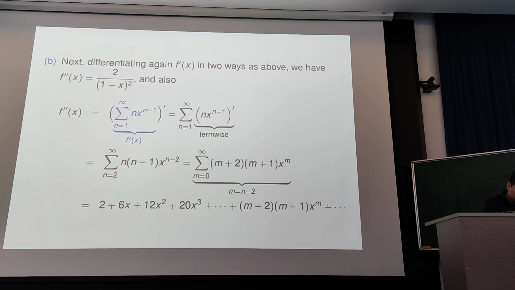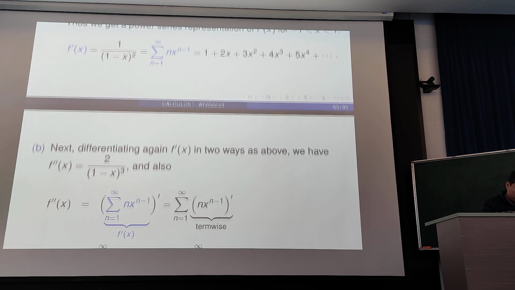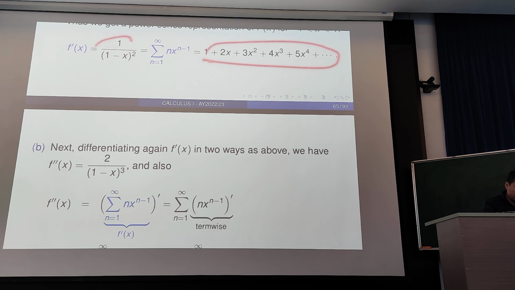So if you want to find the power series representation of 1 over (1 minus x) to the power 3, you need to use the power series representation of this function, which we got from the previous step, right?